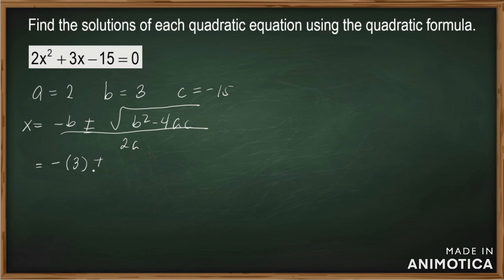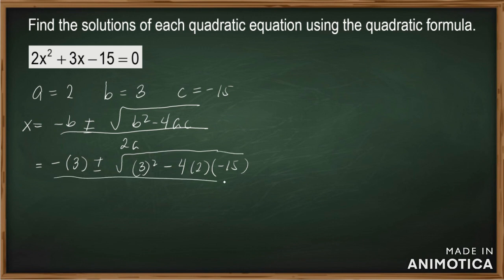Then we have plus minus the square root of b, which is 3. So we have 3 squared minus 4 times our a, 2, times our c, negative 15, over 2 times a, that is equal to 2.